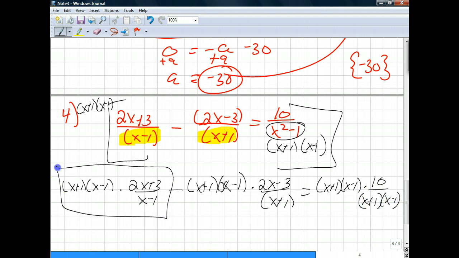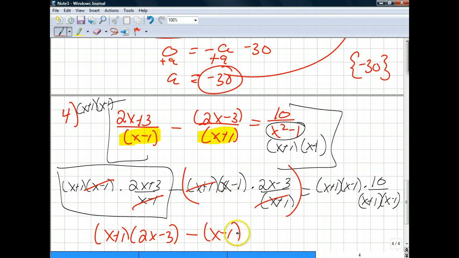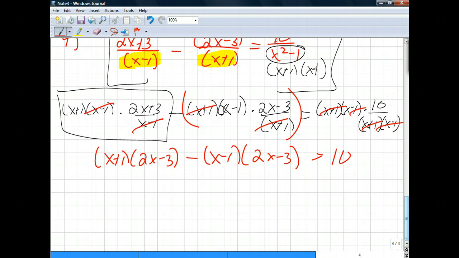Come back and simplify. This reduces, so I get x plus 1 times 2x minus 3. This reduces, so I get x minus 1 times 2x minus 3. That reduces, and so I just get 10. Now, here's where we have to be careful. So right here, this is minus this whole thing.